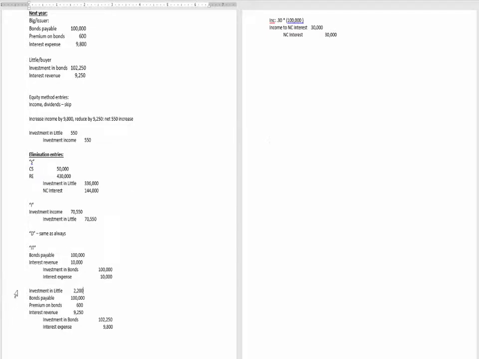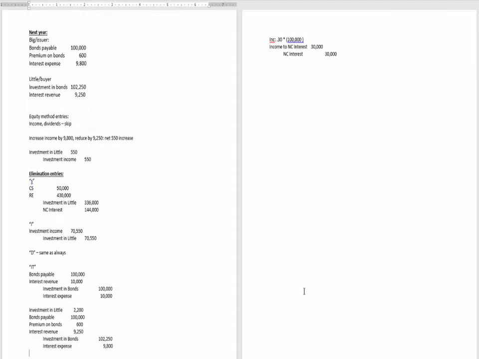So what's happening here is we're carrying forward a $2,200 realized but unrecorded loss, of which $550 is being recorded this year by big and little individually. We go to do the income to the non-controlling interest, and that's going to be the exact same thing as it was previously because, again, this was a downstream transaction, so it has no bearing on the non-controlling interest.